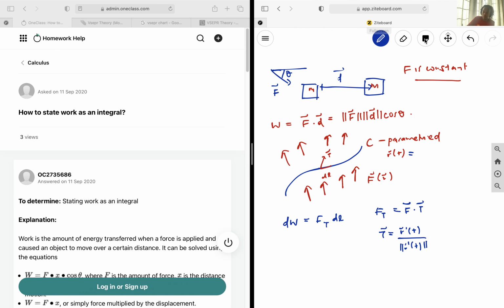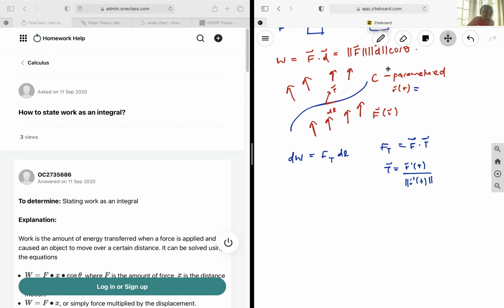Okay, and so now this will mean that when we want to find the work, it is going to be equal to the integral of dW, since it's a very small piece of the entire path. And that would mean the integral of F_t dl, which would be the integral of F dot T, but we're going to write in T as this.